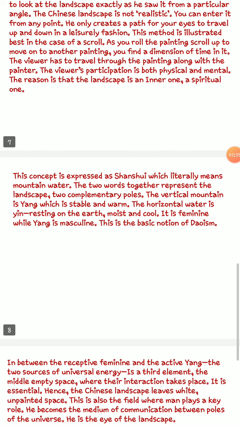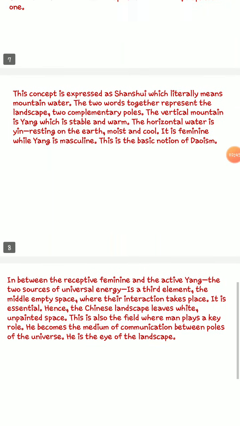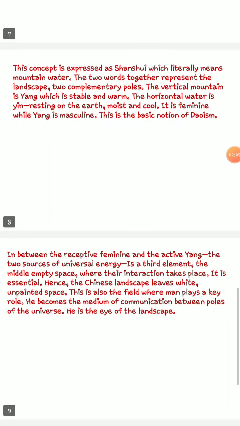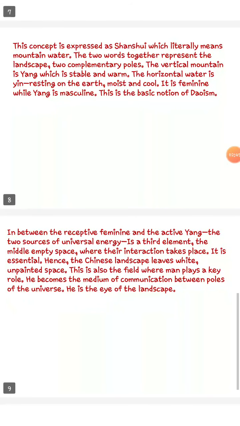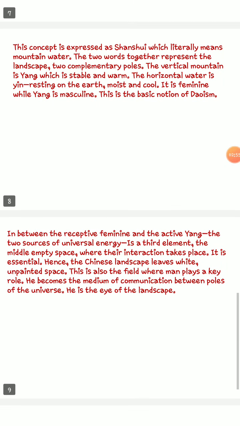Notion means concept. And remember the middle void region where the yin and the yang interact. In between the receptive feminine and the active yang, the two sources of universal energy, there is the third element also. That one I just now told you all.